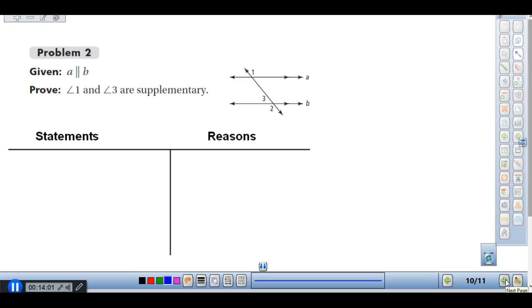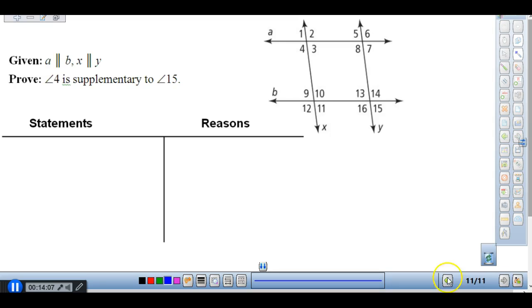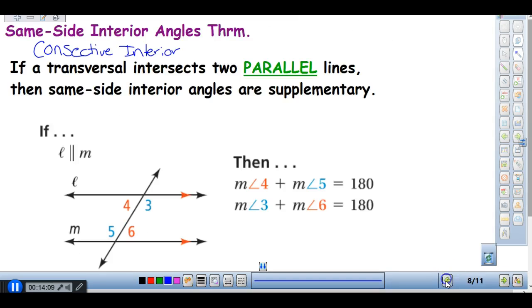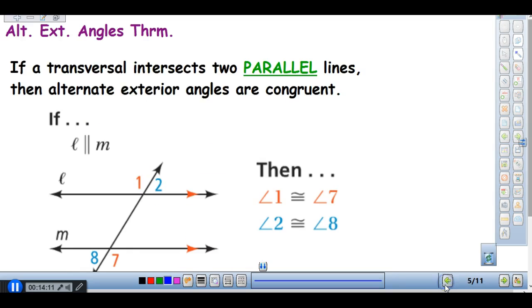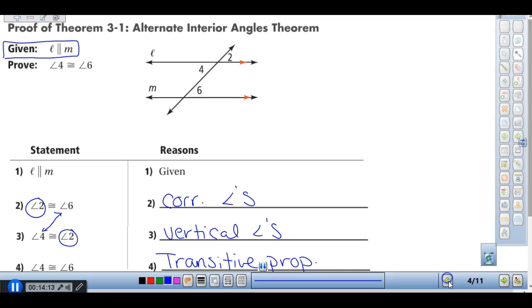Skip these ones. Yeah, we will. And that one's fine. I will give you a clue. This guy, the one where we proved alternate interior angles congruent, will be on your assignment today. So we learned a whole bunch of stuff today.